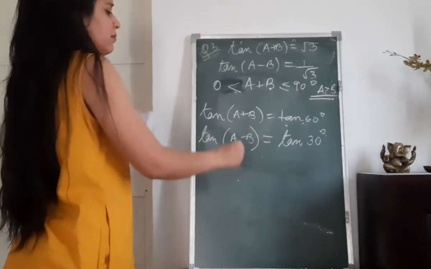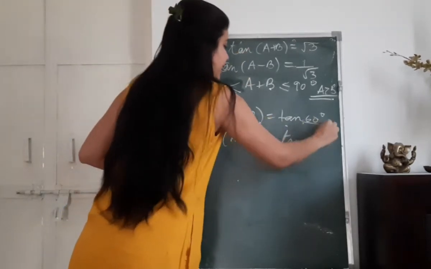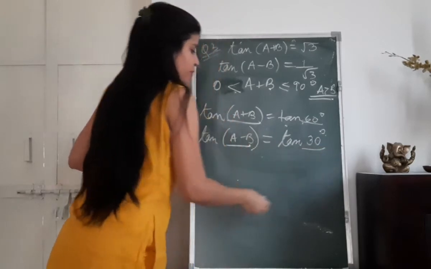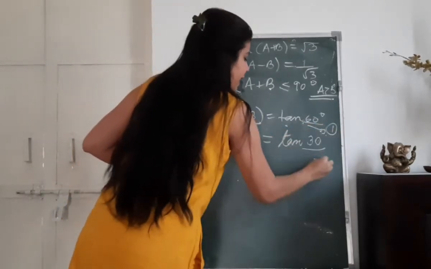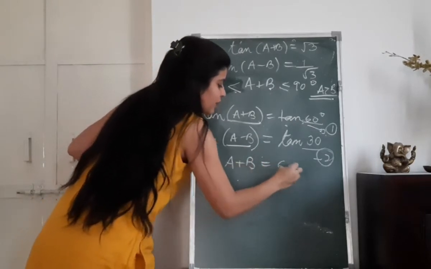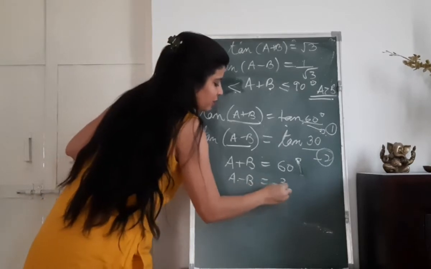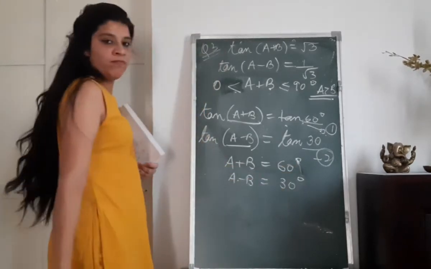So by comparing equations 1 and 2, I can say A plus B is equal to 60 degree and A minus B is equal to 30 degree.